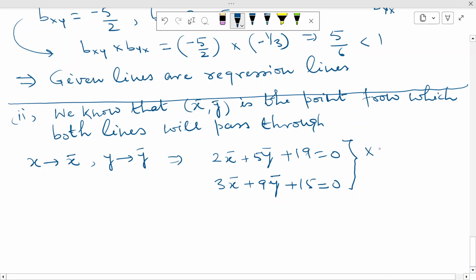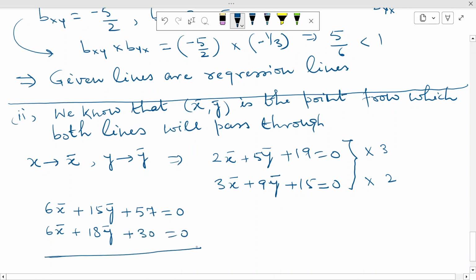So first we will eliminate x bar. We multiply equation 1 by 3 and equation 2 by 2. So this gives us 6x bar plus 15 y bar plus 57 is equals to 0, and here we are having 6x bar plus 18 y bar plus 30 is equals to 0.